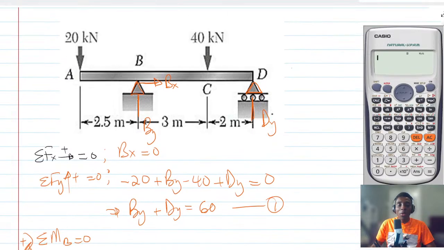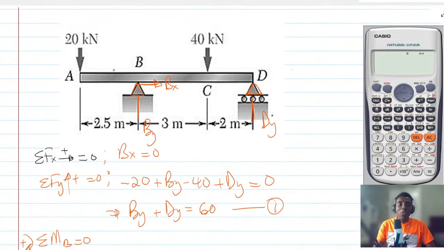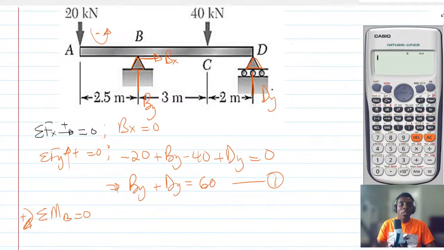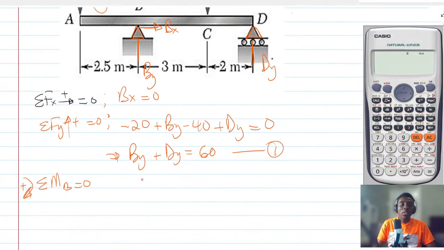If you take the 20 kilonewtons about point B, it's going to create an anti-clockwise moment. So that is negative, since we said clockwise is positive. So it's going to be minus 20 multiplied by 2.5.